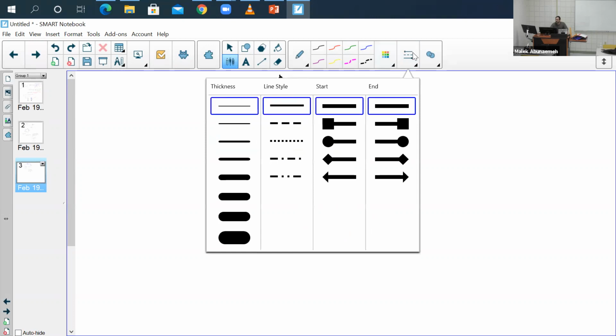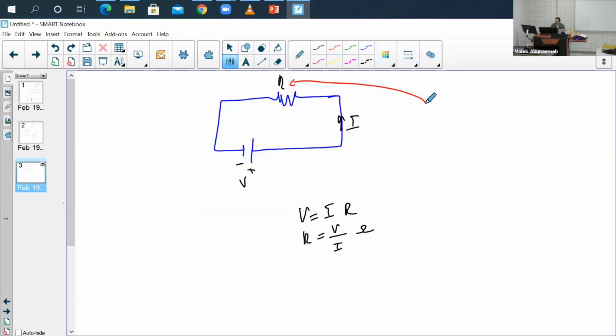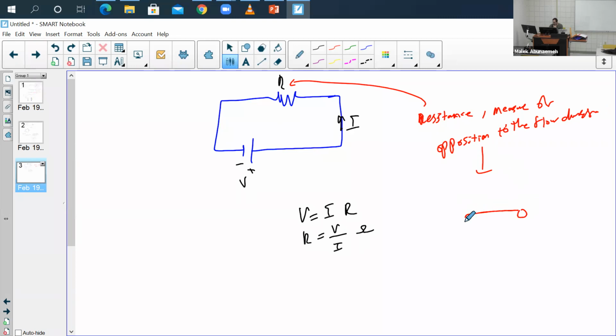So what is R? Again, R is the resistance of the circuit. Go ahead, write this down: it's a measure of opposition to the flow of charge. Basically, a resistor looks like a little cylinder with two wires coming out of it.